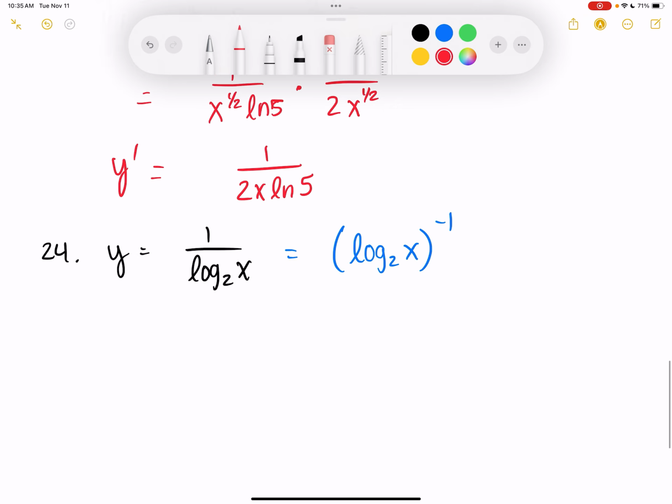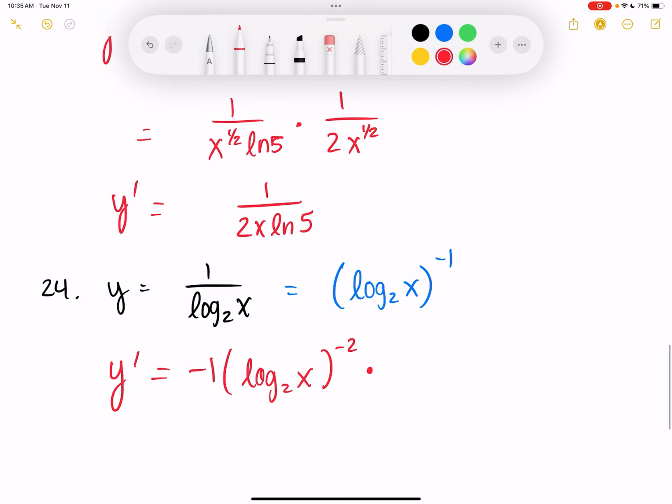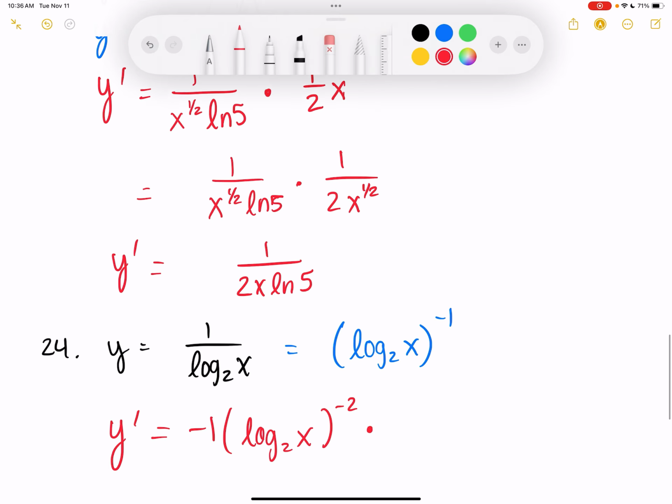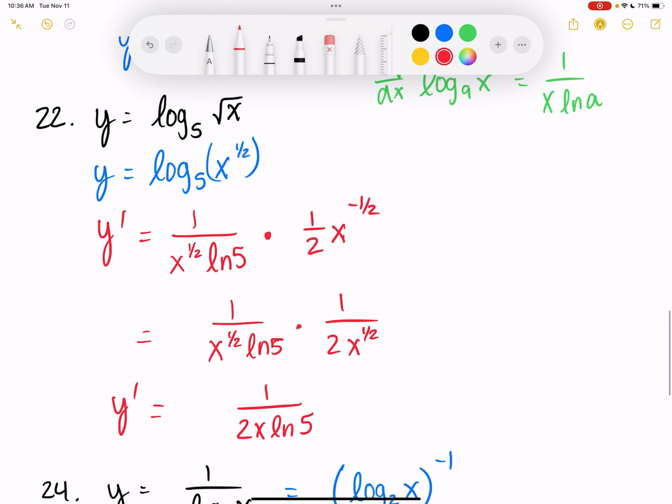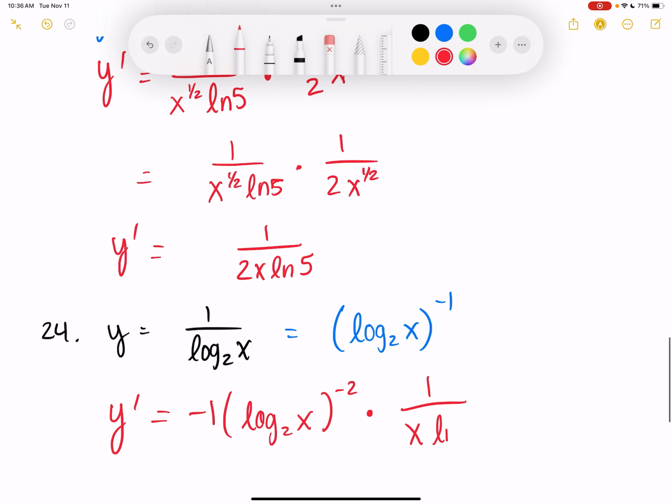So derivative here, y prime, is going to be -1 times log base 2 of x to the -2, and then times the derivative of the inside. So we've got 1 over x times the ln of the base, which is 2.